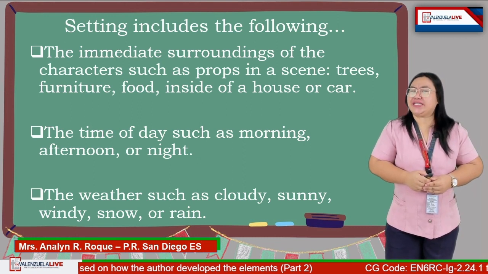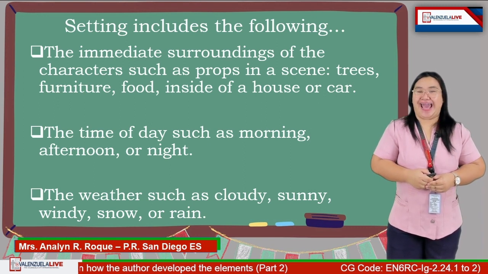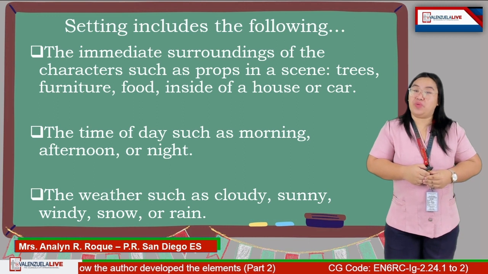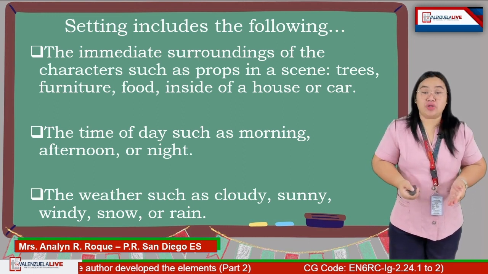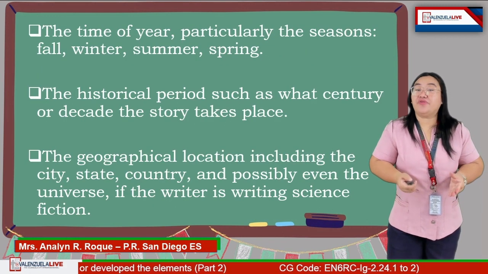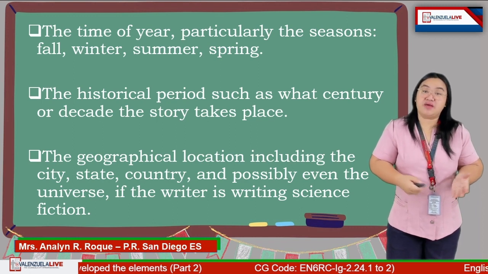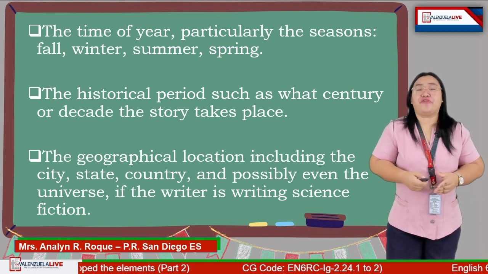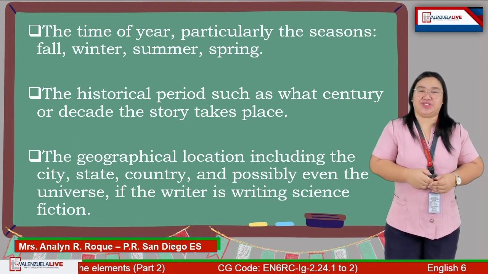It also includes the time of the day, such as morning, afternoon, or night. Also the weather, such as cloudy, sunny, windy, snow, or rain. It also includes the time of year, particularly the seasons, like fall, winter, summer, spring. And for the Philippines, we have the rainy season and the dry season.